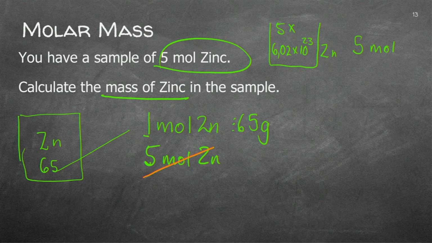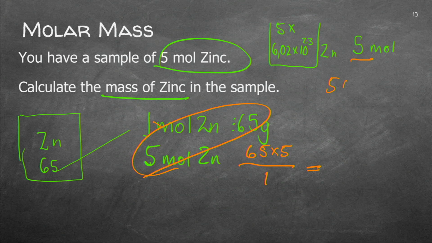I'm going to multiply those two, 65 times 5, and I'm going to divide by 1. And you probably could just say, okay, if I've got 5, it's 5 times 65. It's easy. But here I just showed you the actual steps, and you'll now get a value of 325 grams. Is it more than 1 mole? Yes, it's 5 times more because it's 5 mole.